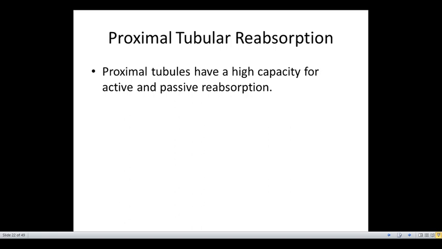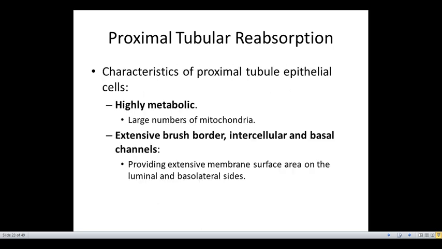So, what are these characteristics? The characteristics of proximal tubule epithelial cells are: number one, they are highly metabolic, containing a large number of mitochondria.